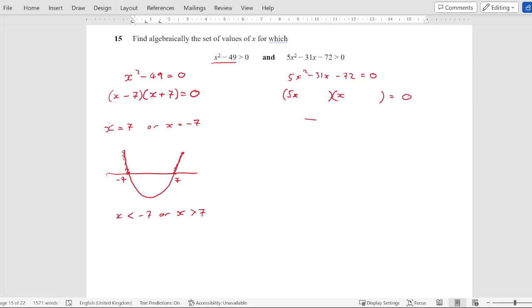If we try 8 and 9, they work perfectly. I've spotted it, but let me explain how I've done it. I'm looking for two numbers that multiply together to make 72, and because of the 5, 5 lots of one of the numbers plus the other number add together to make minus 31.